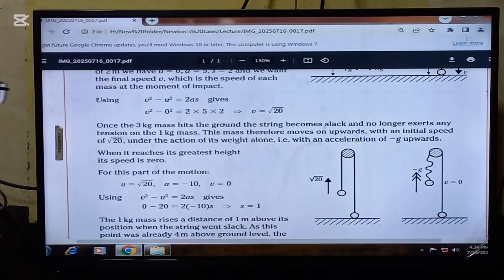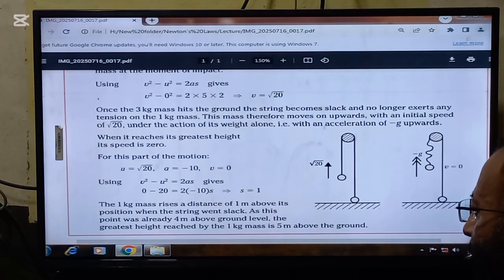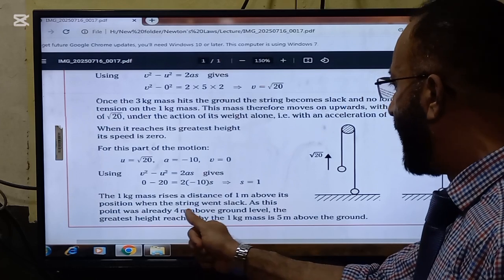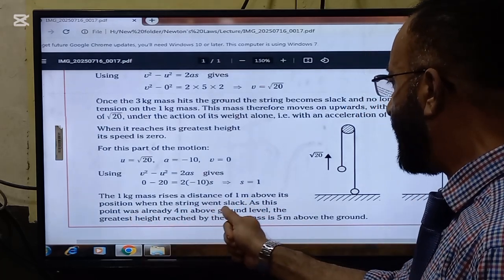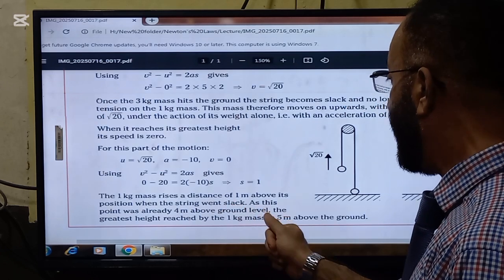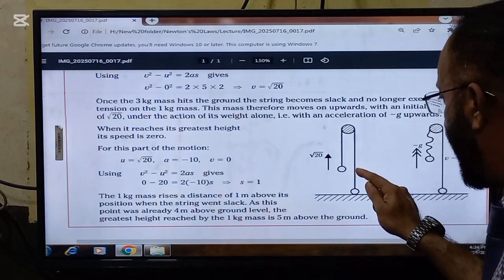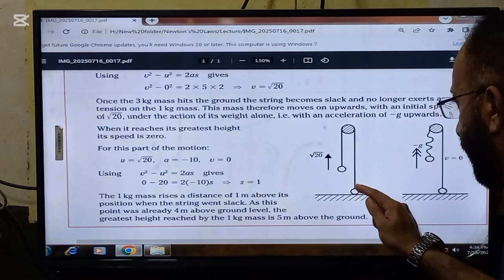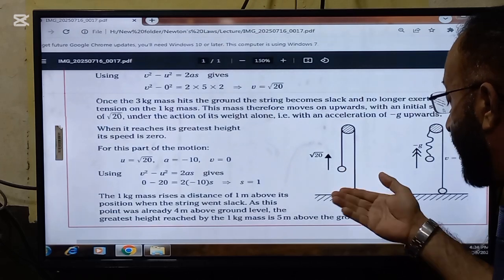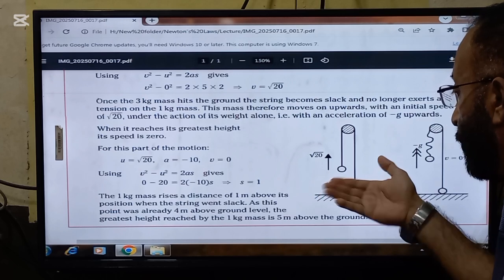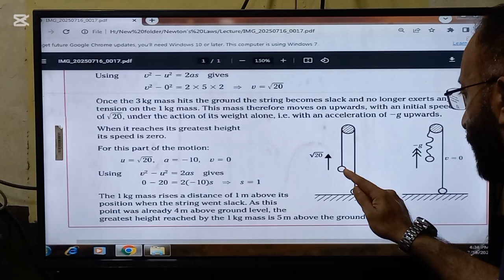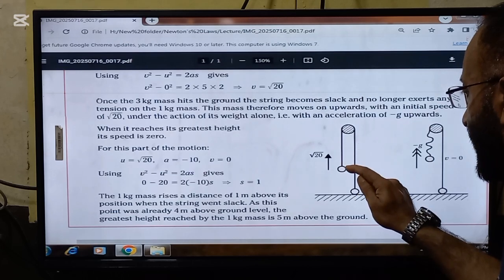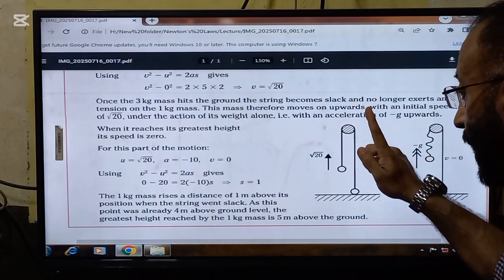So be very careful now, because this is a very important point. The 1 kg mass rises a distance of 1 meter above its position when the string went slack. Because the 3 kg mass moves 2 meters down, the 1 kg mass moves 2 meters up, and in the beginning the system was already 2 meters above the ground, so it is 4 meters up, and when the string becomes slack, it moves 1 meter more up.